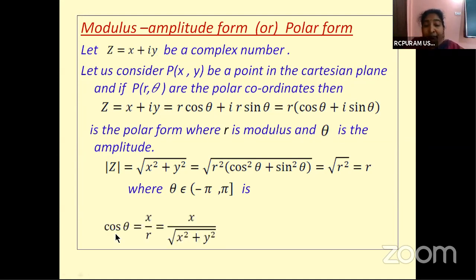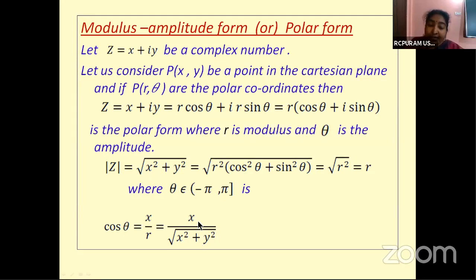And look at this, r cos theta is equal to x, isn't it? Then what will be cos theta? Cos theta will be equal to x by r. But what is r? We have calculated it as root of x square plus y square.